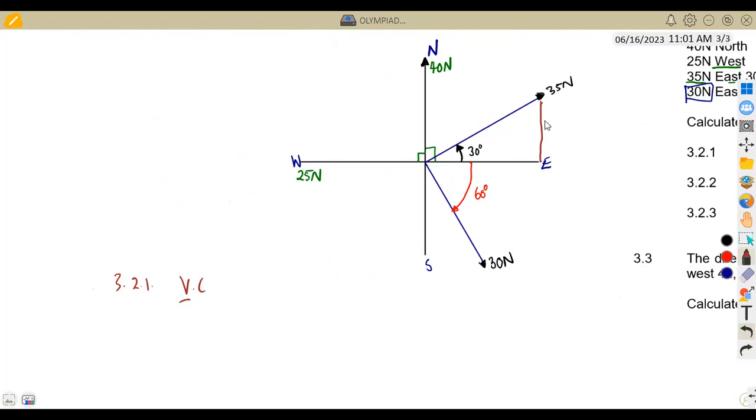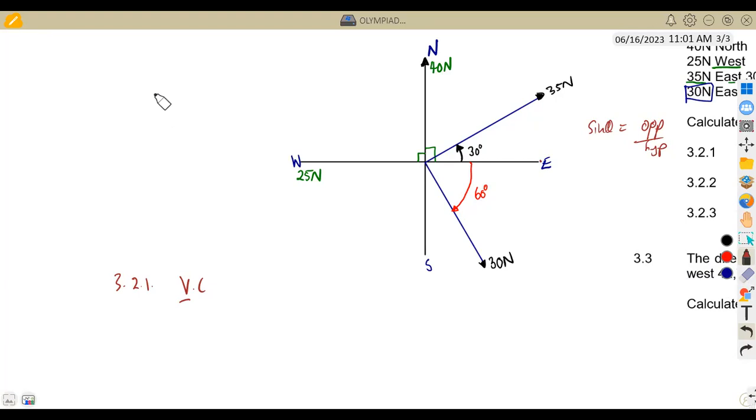According to this side, opposite over hypotenuse is the ratio of sine theta. So we are going to consider the ratio of sine, or they are going to carry sine of theta, as long as the angle is between the horizontal and the force that you are referring to. We take that angle as it is.